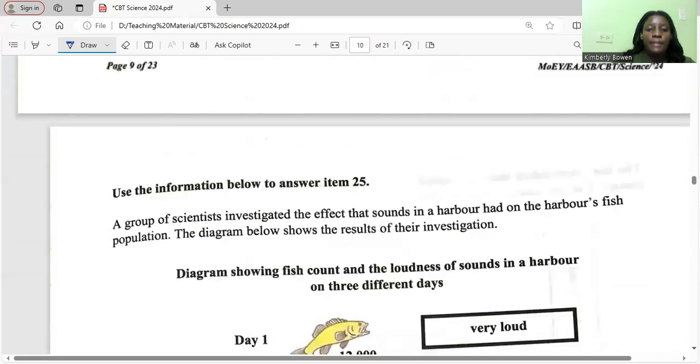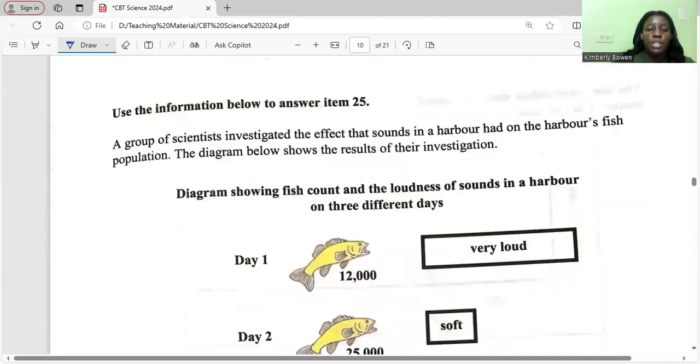Number 25. Let's read the instructions. Use the information below to answer item 25. A group of scientists investigated the effect that sounds in a harbor had on the harbor's fish population. The diagram below shows the results of their investigation.